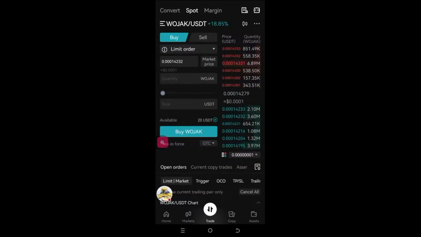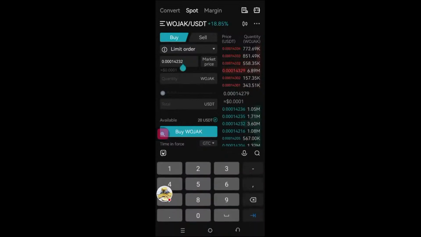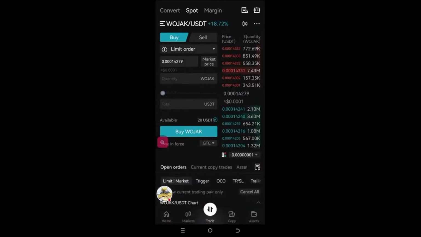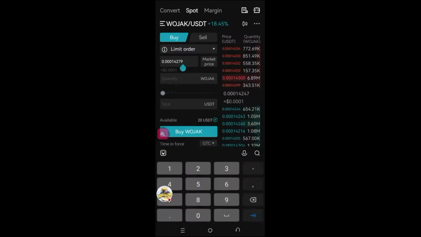Wow. Let me see if I put this at 14. This is 14279. I put it at 1428. Let me see if it will allow me to buy. Let's see whether it would allow me.